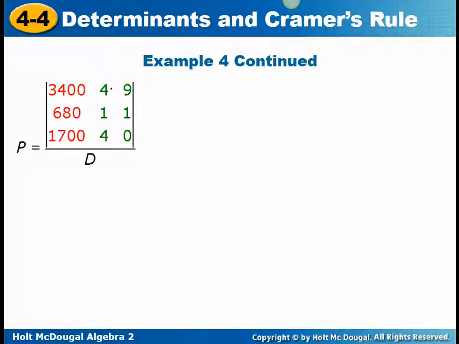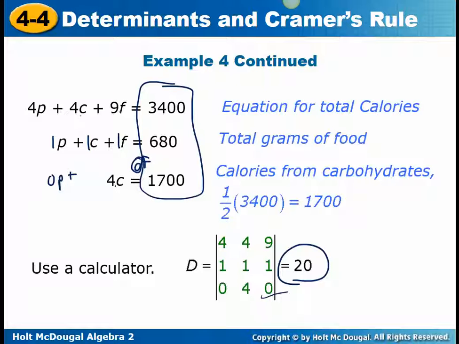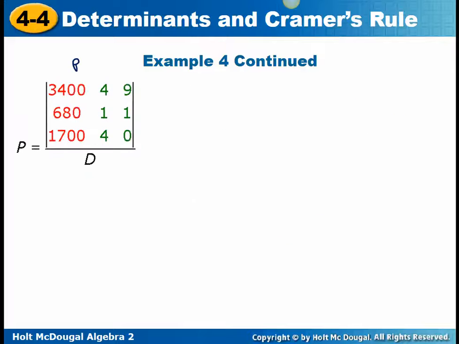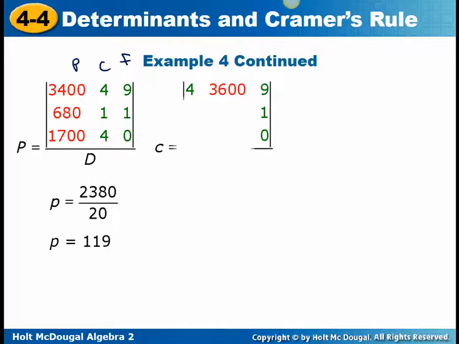And then we keep the C's and we keep the F's. And you find the determinant of this, I would say, using technology. And we divide by 20 because that was the determinant that we had. And then you divide and you get 119. That's your value for P.